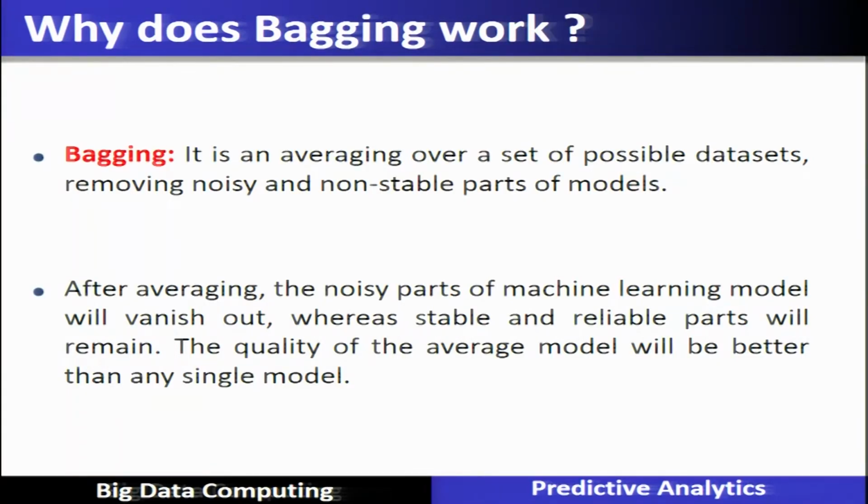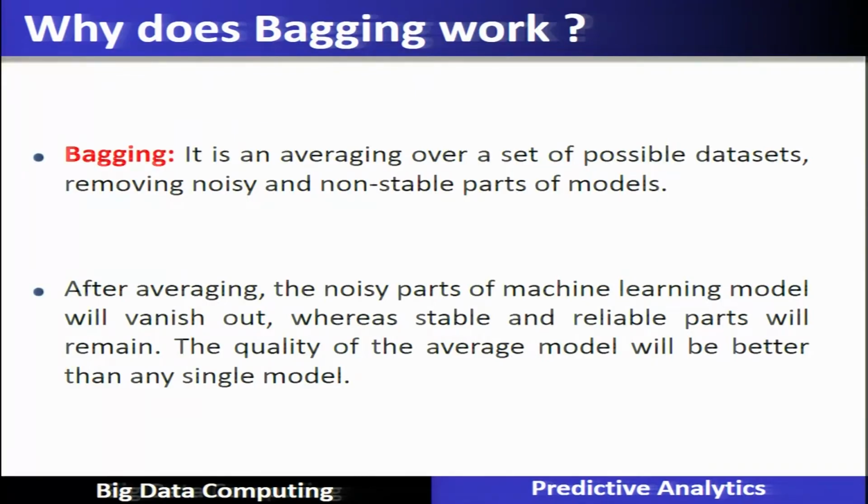So in this way we have understood what bagging is, and that by averaging, due to the stochastic nature of the data set generation, the bagging method works. The important part of bagging is that it averages different ensemble predictions.